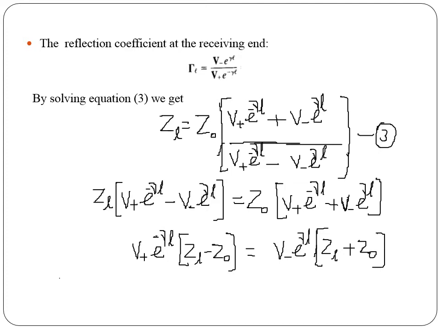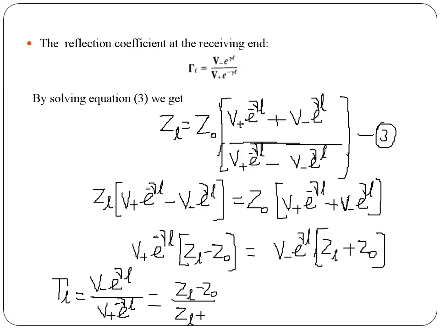As per the reflection coefficient definition, the reflection coefficient is the ratio of the reflected voltage to the incident voltage, which is equal to (ZL minus Z0) divided by (ZL plus Z0).